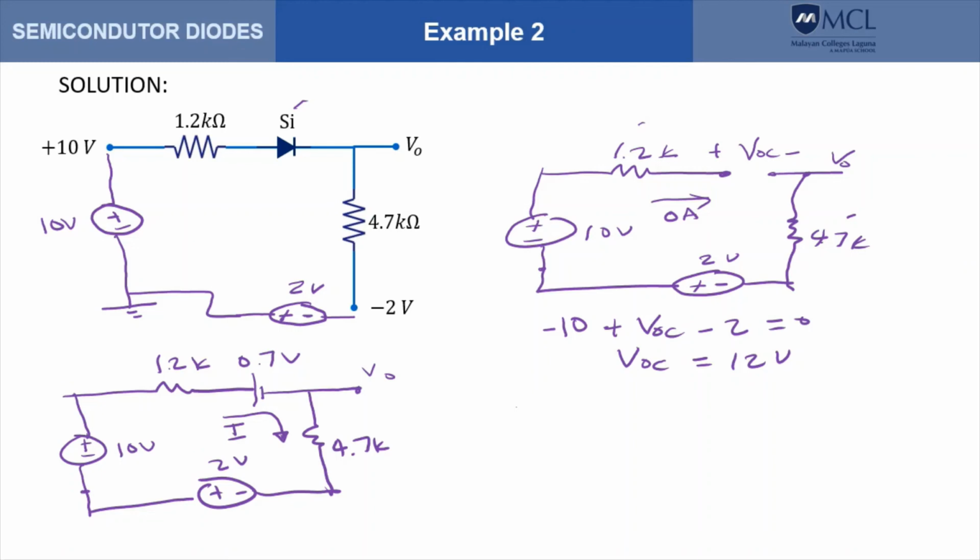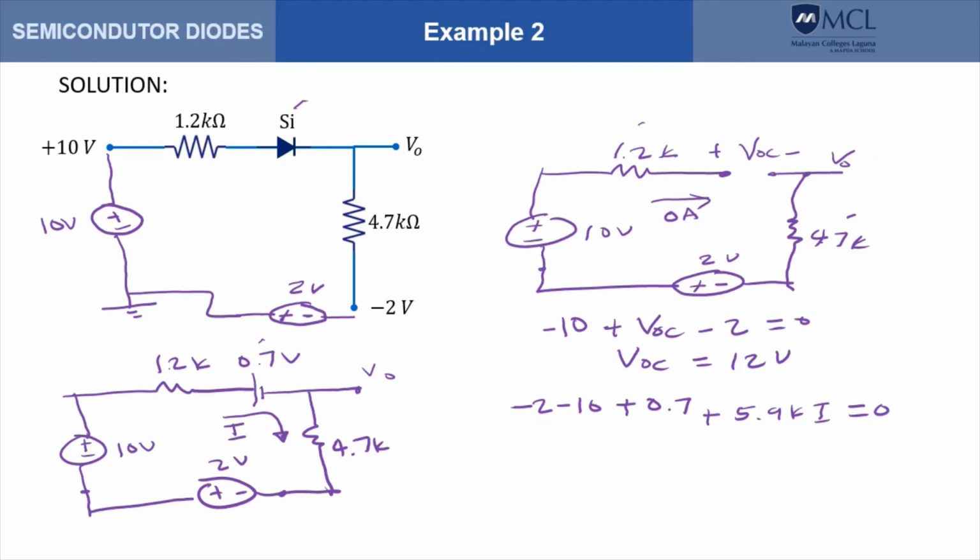That would be minus 2, minus 10, plus 0.7, plus 1.2 plus 4.7, that should be 5.9K times I, equals 0.